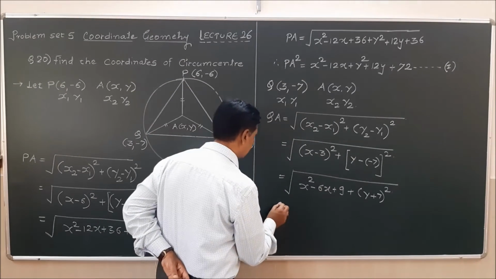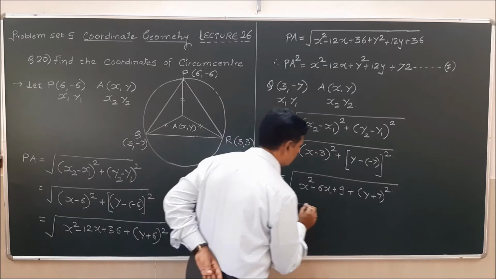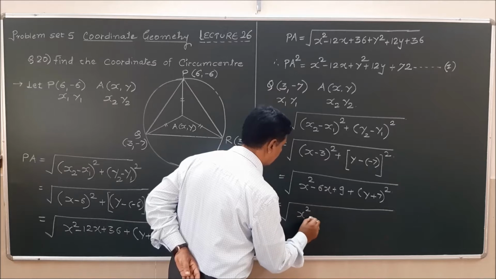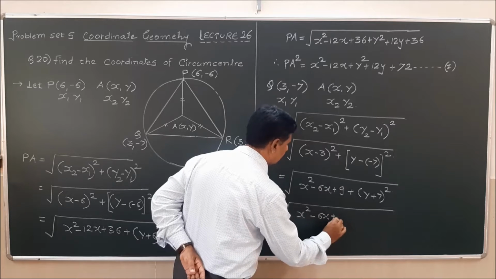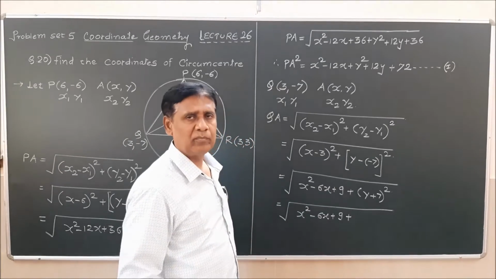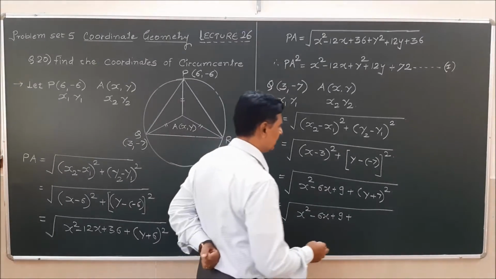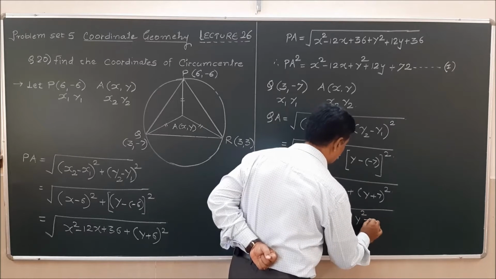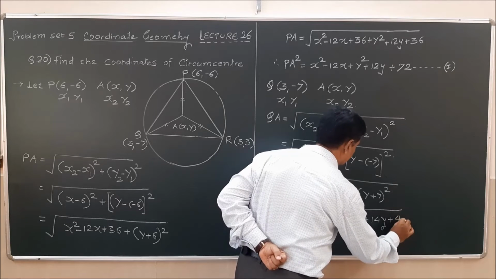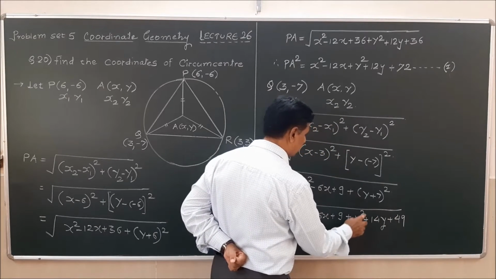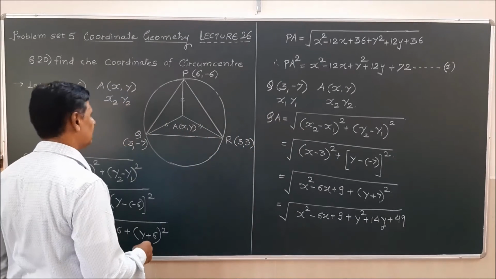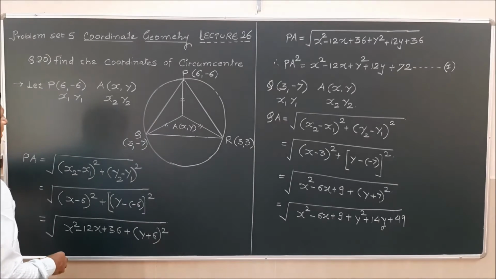So the next step is x square minus 6x plus 9, expanding the second bracket using the formula (a plus b) the whole square, a square plus 2ab plus b square. Now the next step is adding these values.